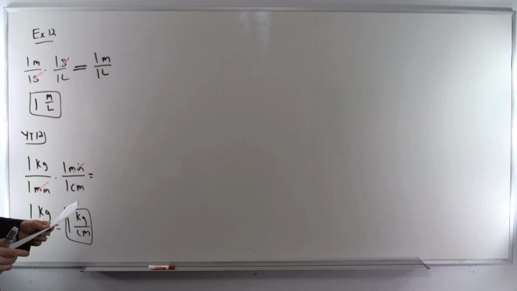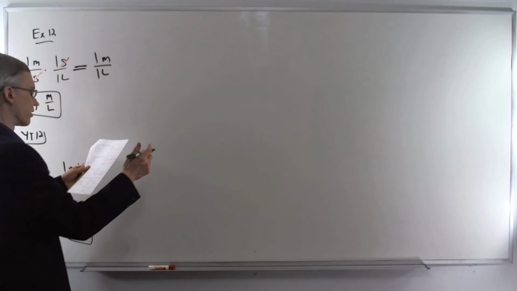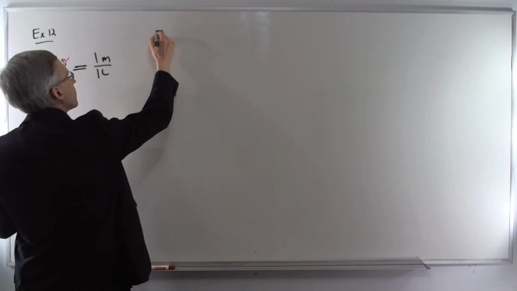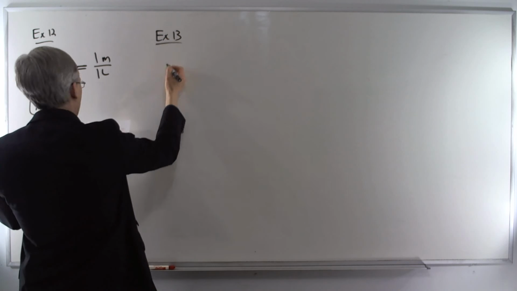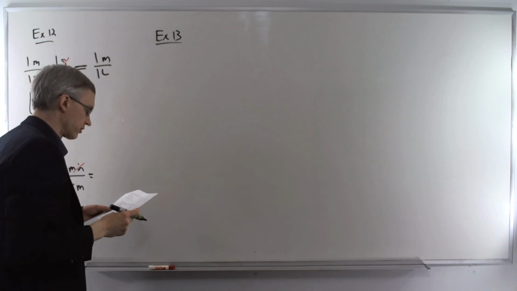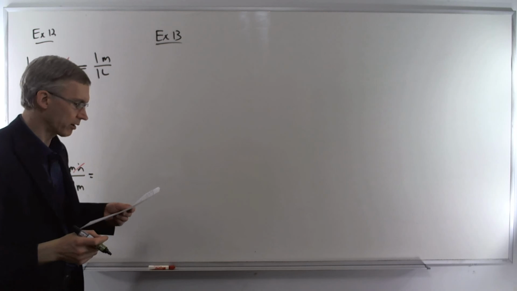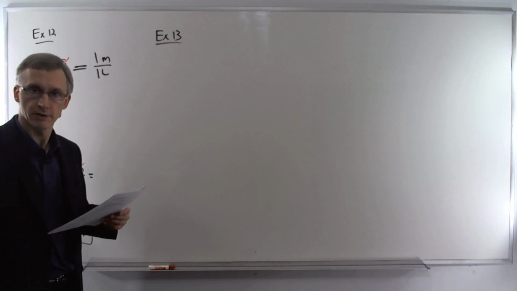Now we're going to look at some units that are raised to a power. Think about what that means. Well, it means we have 2 of them multiplied together. All right. So the first one, 1 foot squared is 1 foot times foot.